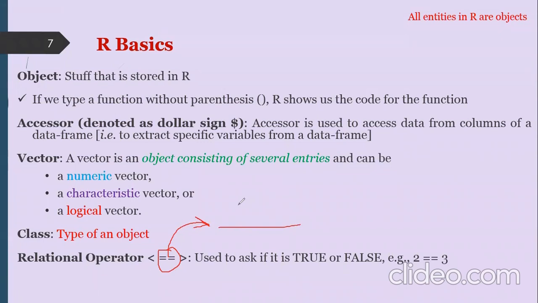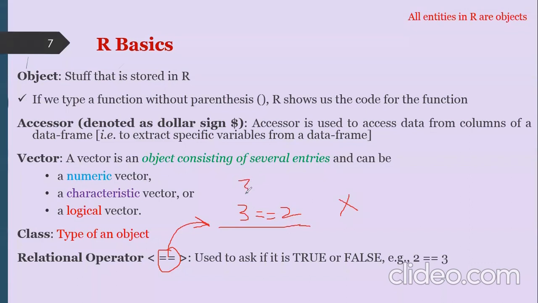So if I ask R whether 3 is equal to 2, that does not mean I am telling R that 3 is equal to 2. Actually, I am asking R whether this is true or false. So it will give me the result, either true or false.